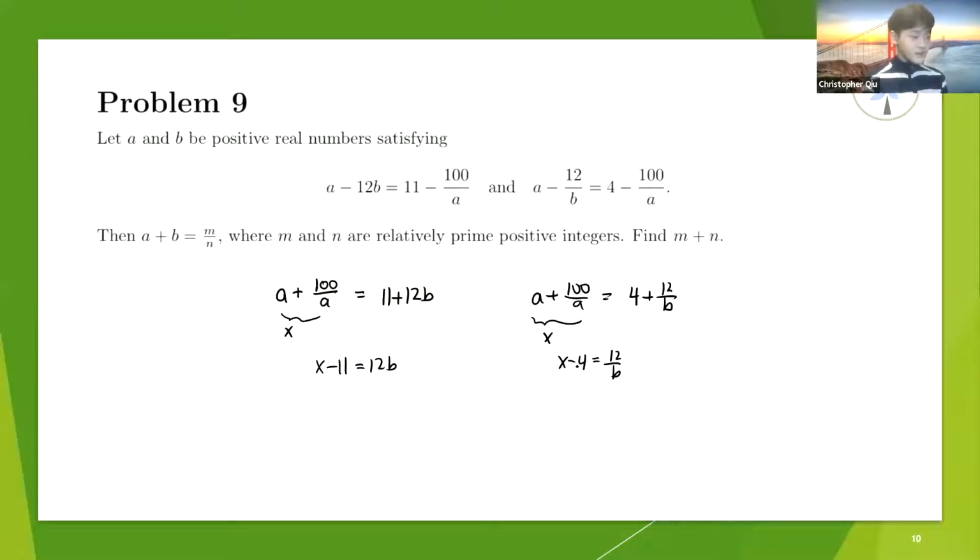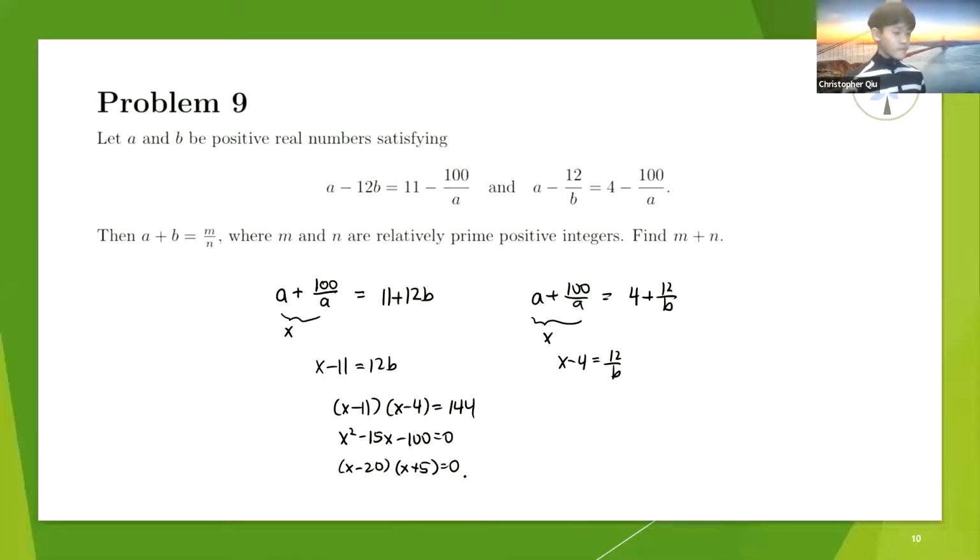And then we can multiply these two equations to find an equation just in terms of x. And we can do our expanding, and we can factor this quadratic equation to get x minus 20 times x plus 5 is equal to 0. So this gives x is equal to -5 or 20.